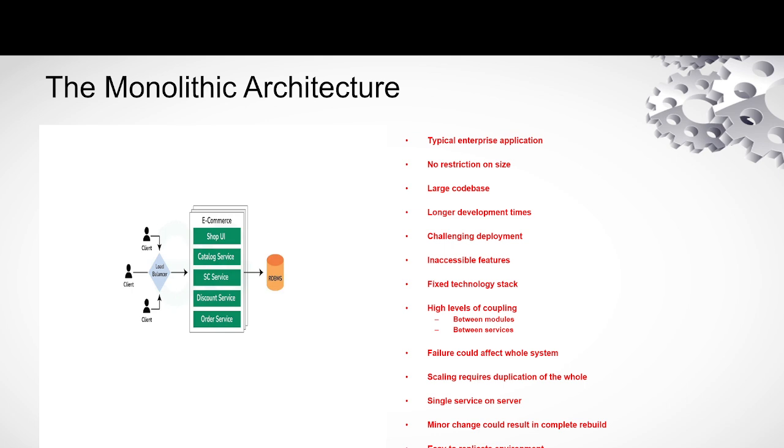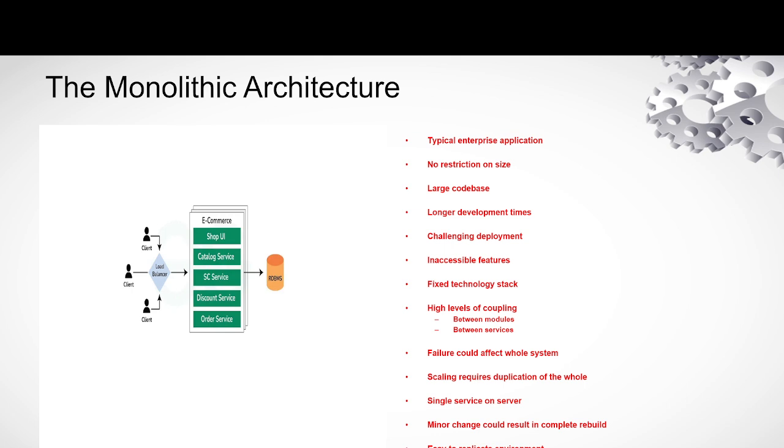One large service might be interdependent with another large service because if we change the signature of one service, it will affect the other service. And because it is one package, if part of the system fails, it could affect the whole system. For example, if the catalog process gets stuck, it might affect the functionality of the overall service. It might degrade the performance of the overall service also.